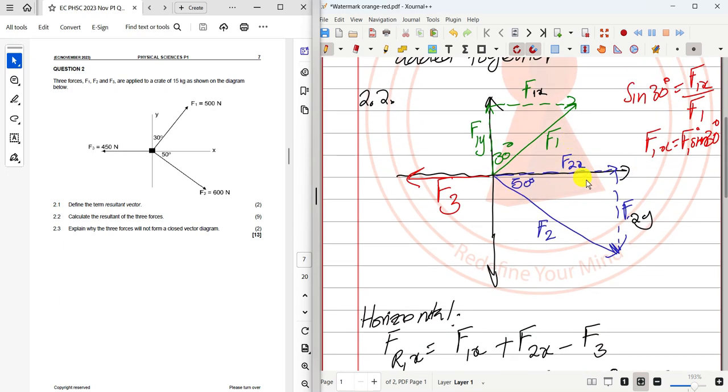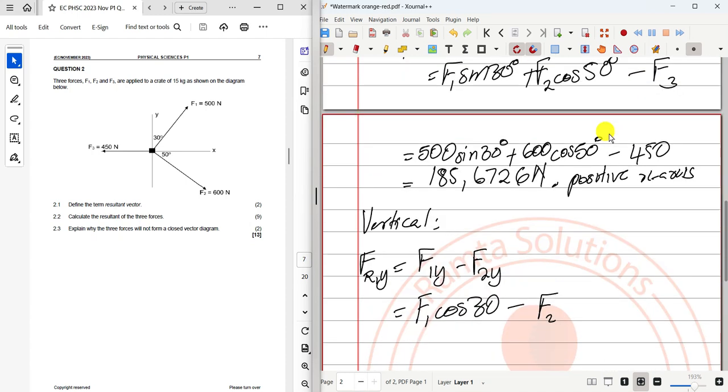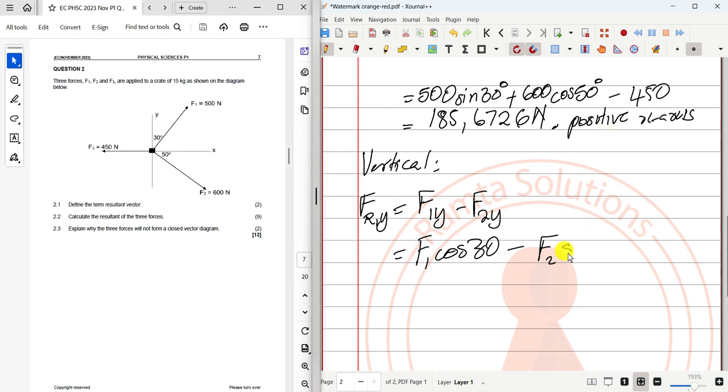F2, this is opposite and this is hypotenuse. So we'll say sine 50 is equal to F2y over F2. So we can therefore say F2y is F2 sine 50 degrees, isn't it? Right. Now let's see. F1 is 500 newtons cos 30. F2 is 600 newtons sine 50. Let's get our answer.